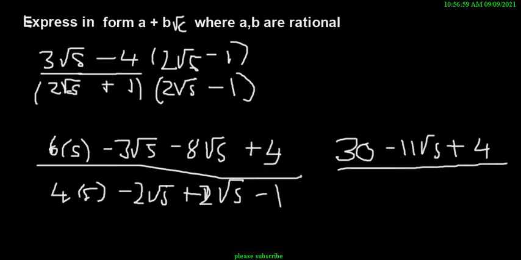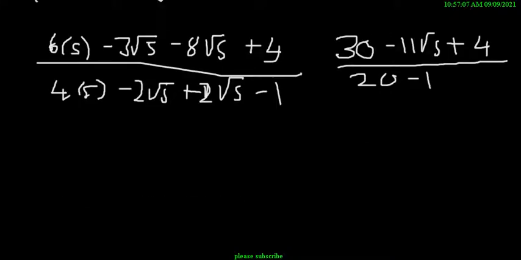Everything over 20 minus 1. So 30 plus 4 is going to give us 34, minus 11 root of 5, over 21.